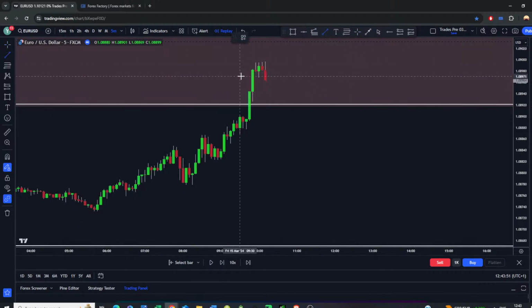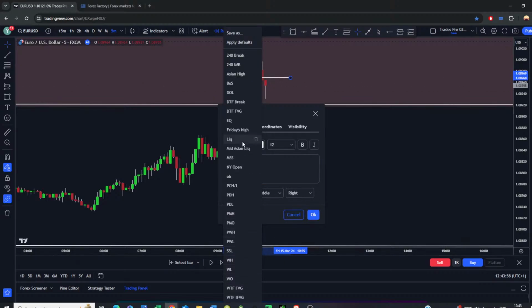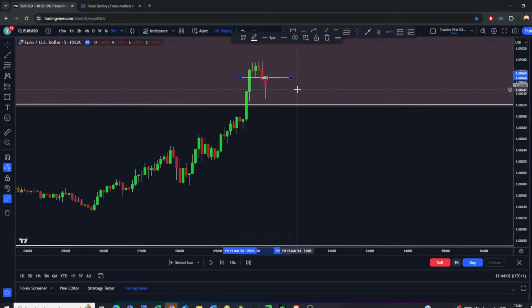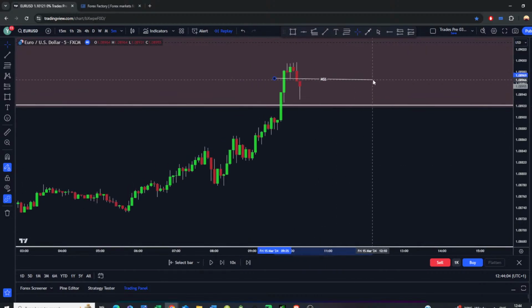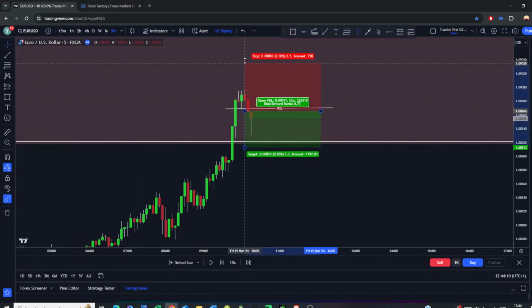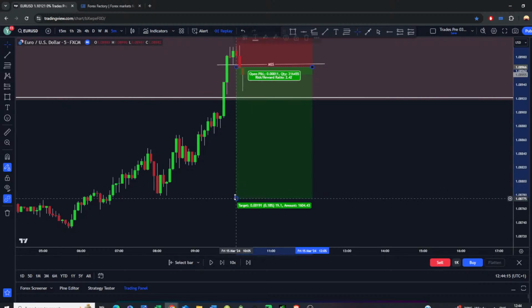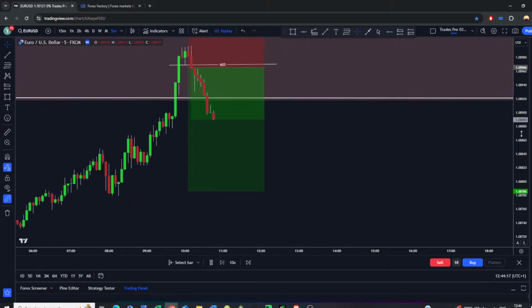You have this market structure shift, followed by a bearish imbalance. Ideally, entry should be at the highs of this fair value gap, stops up there, target, like I said, at this level.